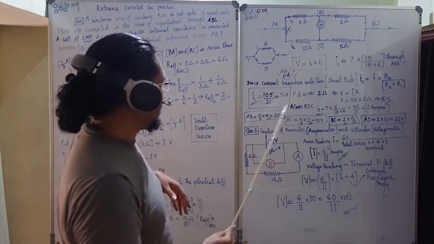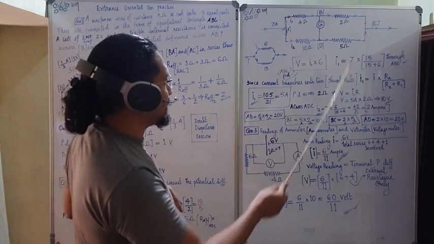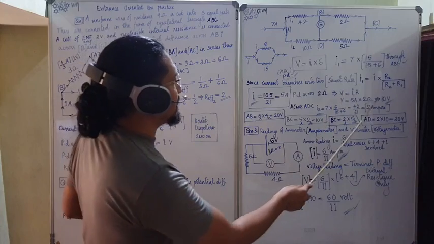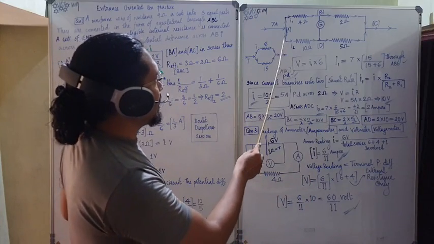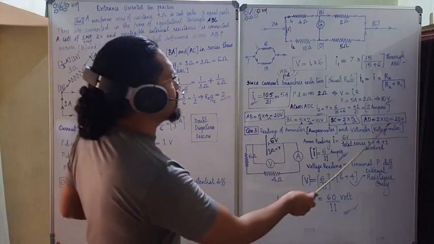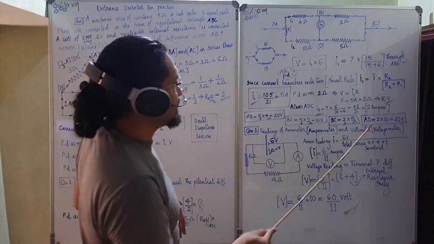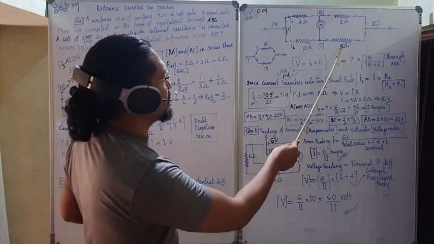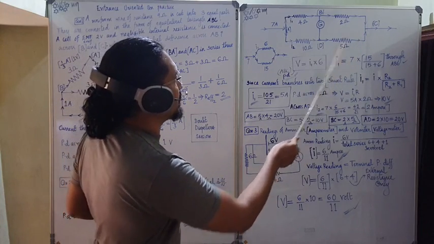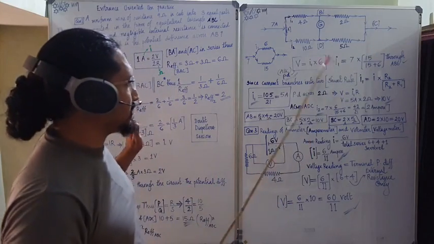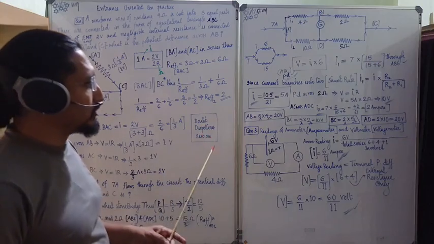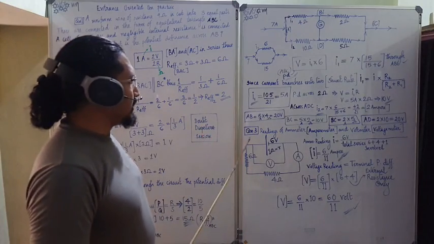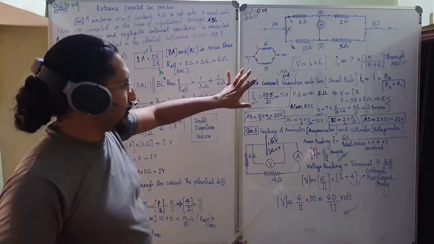Then AB section 20 volt, BC section 10 volt, AD section 20 volt, DC section 2 into 5, 10 volt. We have found out all the answers now. So, we have completed whole what is to be found out.